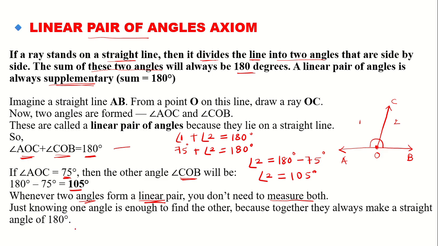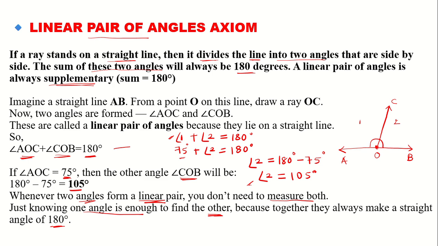Knowing the measure of one angle is enough to find the other angle. As you can see here, one angle is given as 75 degrees, and with the help of this first angle we have found the second angle, because together they always add up to a straight line of 180 degrees.